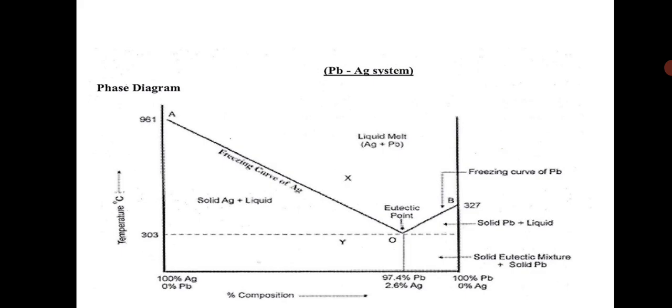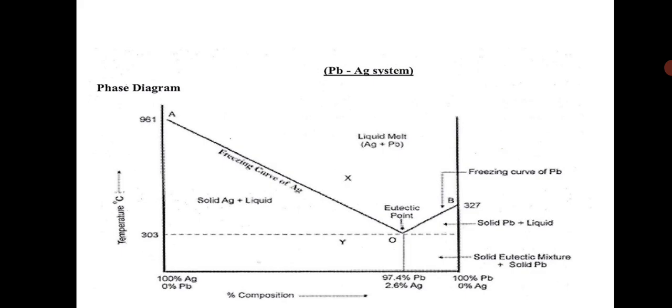Therefore, by applying the reduced phase rule, F dash is equal to 0, non-variant. The temperature related to this eutectic point is called the eutectic temperature. At this point, the composition values are 97.4 percent of lead and 2.6 percent of silver. This composition is called the eutectic composition.